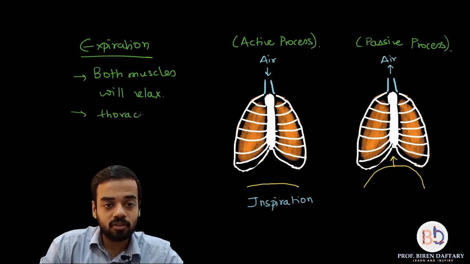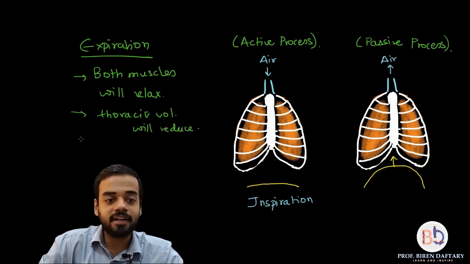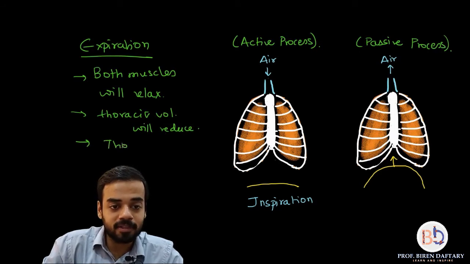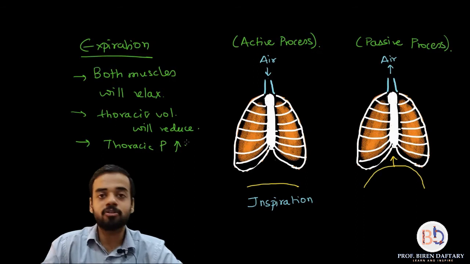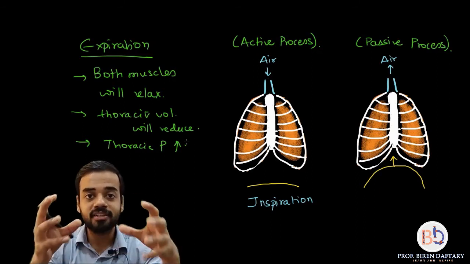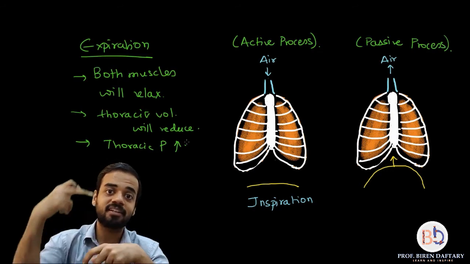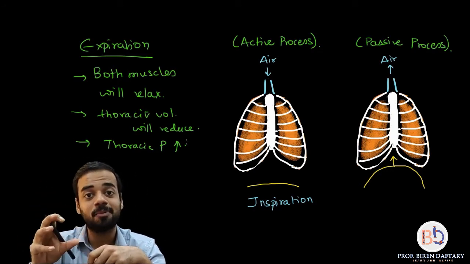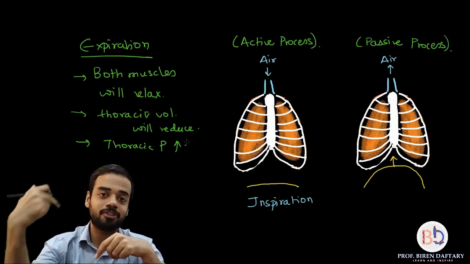Thoracic volume will reduce, and when that happens, thoracic pressure will increase, correct? Because they are inversely proportional. So again a gradient is created. Now suddenly inside the thoracic cavity air pressure is more, whereas the environmental air pressure comparatively is less. So now again air will move from high pressure to low pressure.